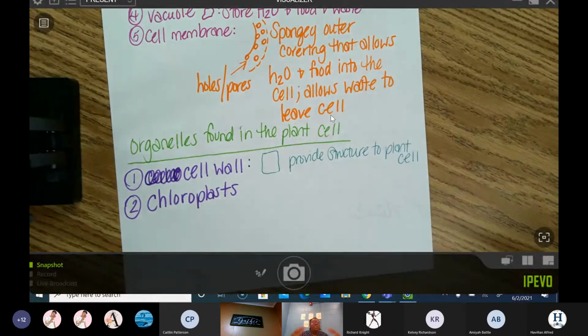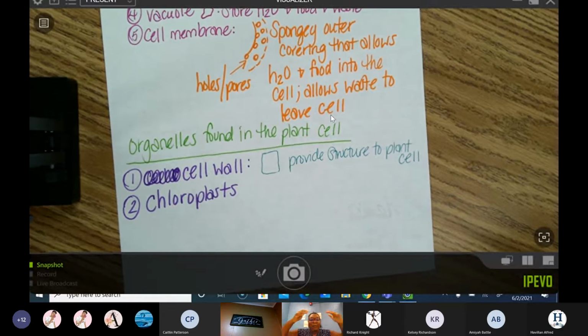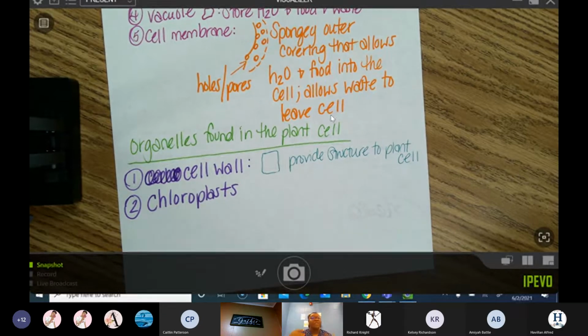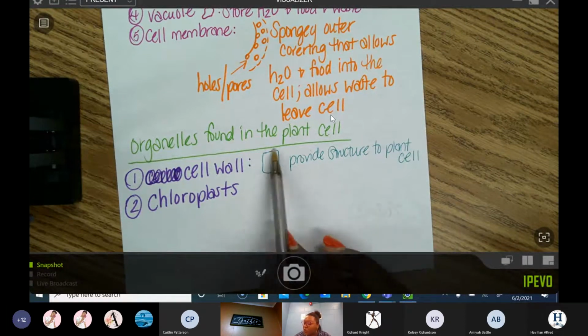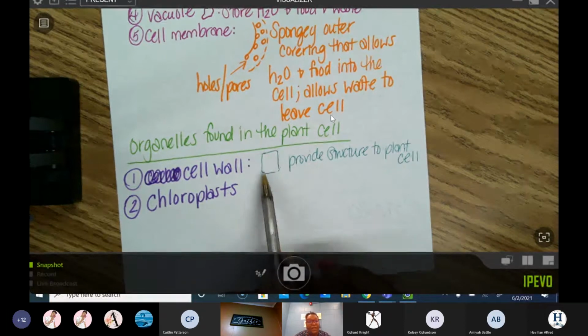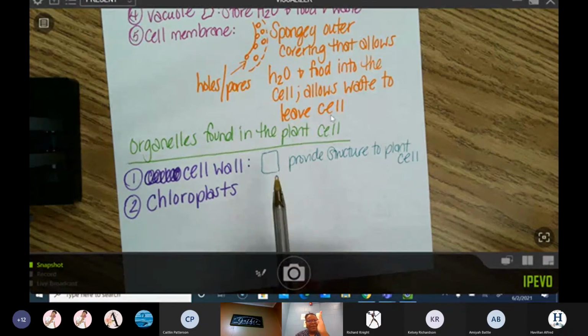So just like our spines and our spinal cord provide structure to our bodies, if we didn't have that spine, we would be more of a blob. So this cell wall also provides such structure to that plant cell. You'll see that the plant cell is more rigid. It looks more rectangular because it has a stem. That stem goes upright, okay?